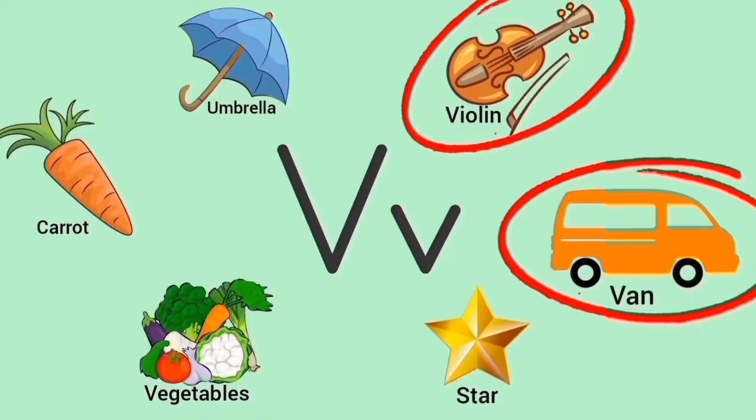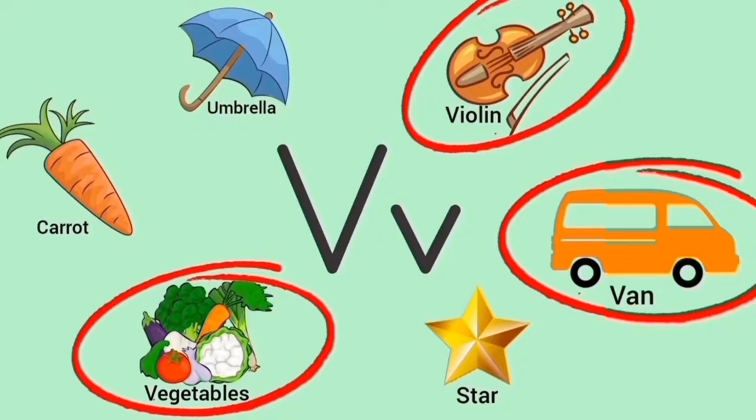The next object is vegetables. Vegetable starts from alphabet V. V for vegetables. So, we will circle it. The next object is carrot. Carrot starts from alphabet C. C for carrot.